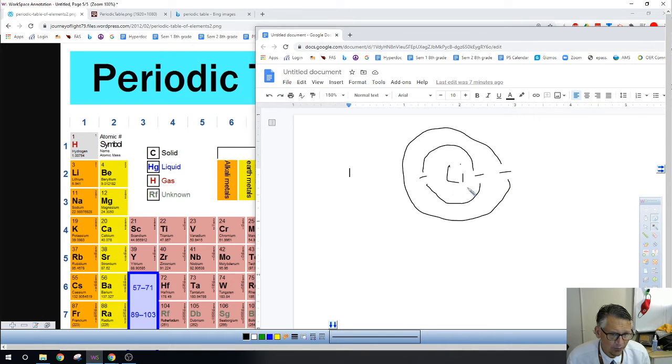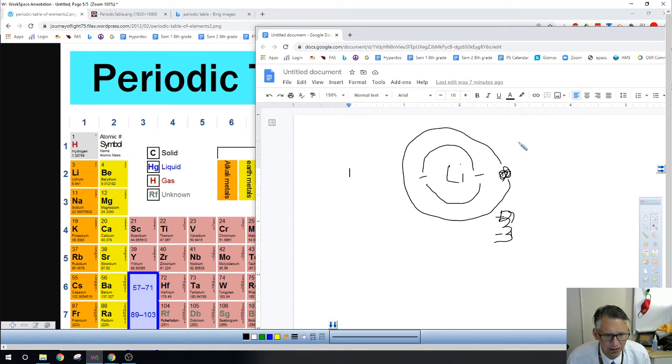If lithium wants either full or empty, well, to fill that next shell it would have to add 7. Or if it wants to empty it, it needs to get rid of 1 electron. So lithium is going to lose 1 electron.